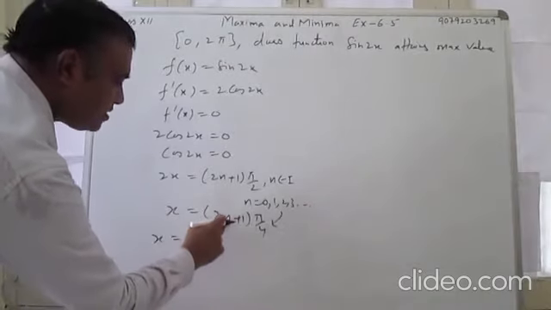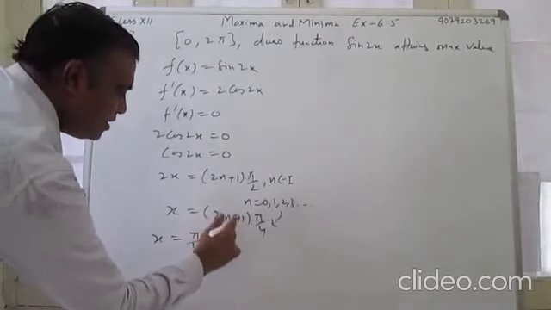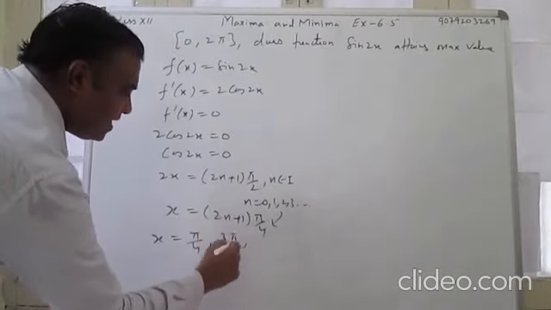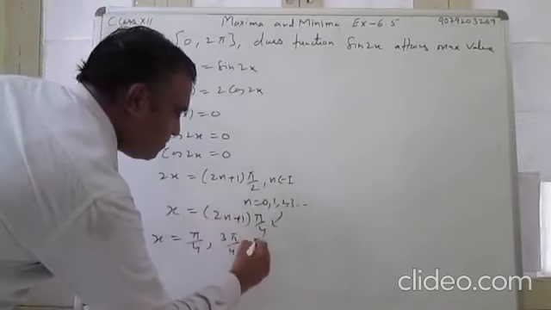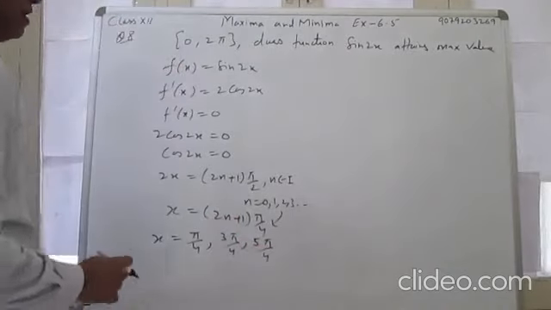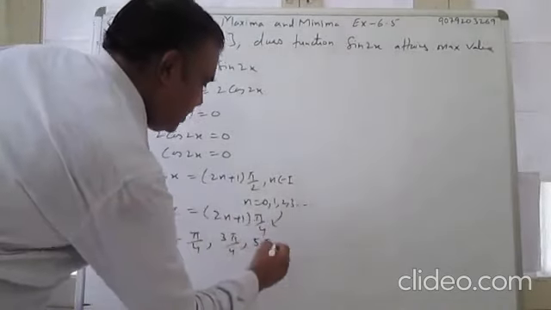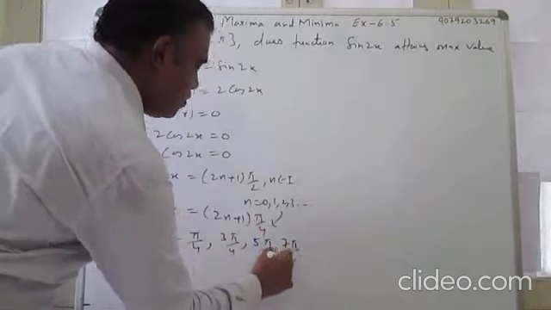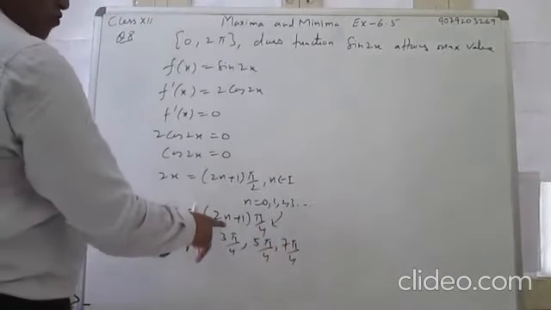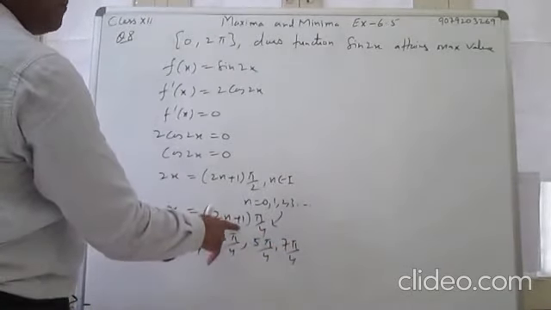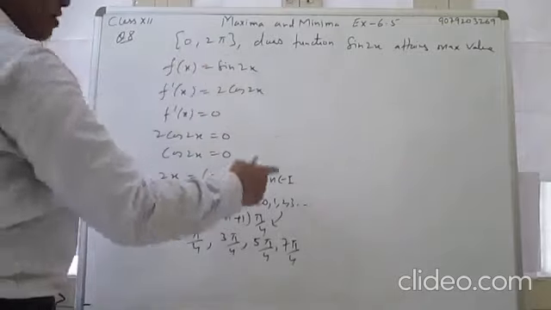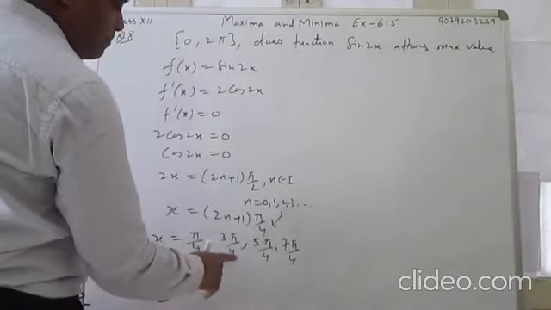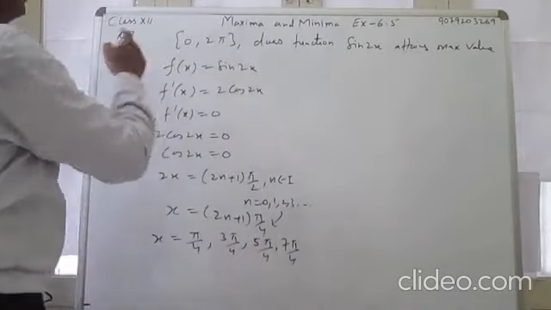If n is equal to 1, it becomes 3 pi by 4. If n equals 2, it becomes 5 pi by 4. If n is equal to 3, it becomes 7 pi by 4. If n is equal to 4, it becomes 9 pi by 4, which is more than 2 pi. So we take the values pi by 4, 3 pi by 4, 5 pi by 4, 7 pi by 4, and 2 pi and 0.